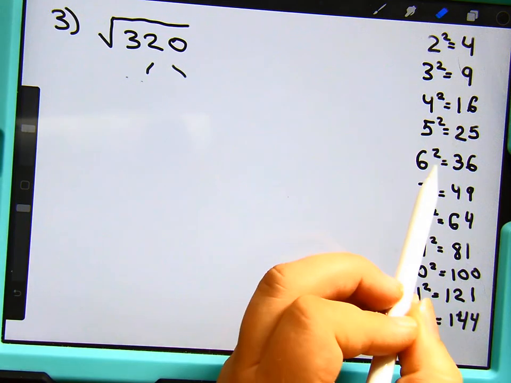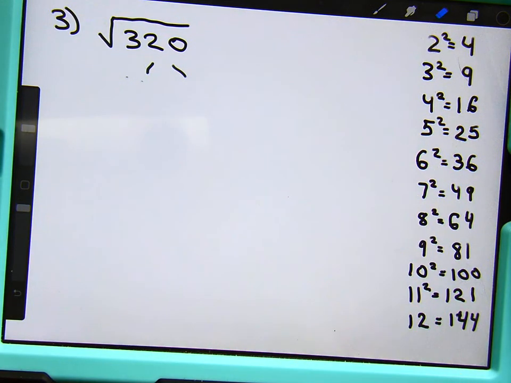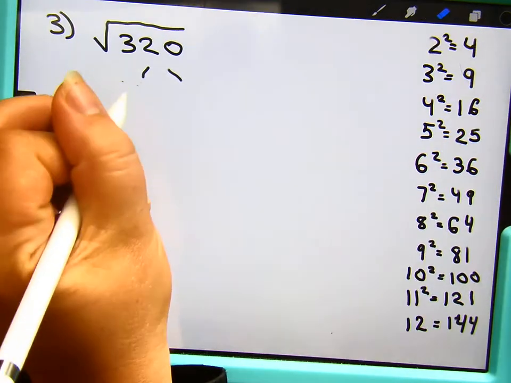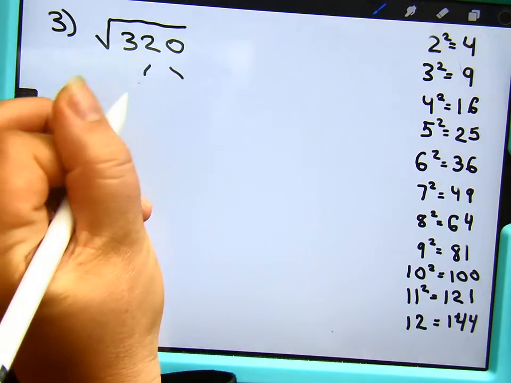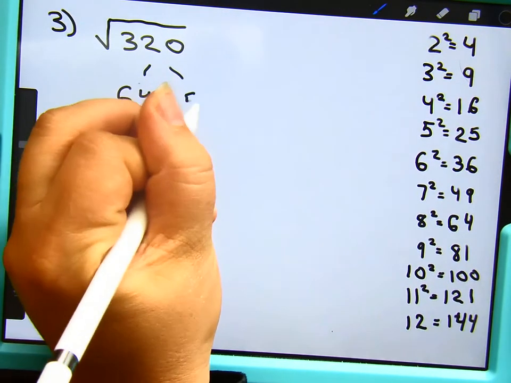So let's try 36. Nope, that gave me a decimal. What about 49? Nope, that gave me a decimal. What about 64? Well, when I did 64, I got 5.